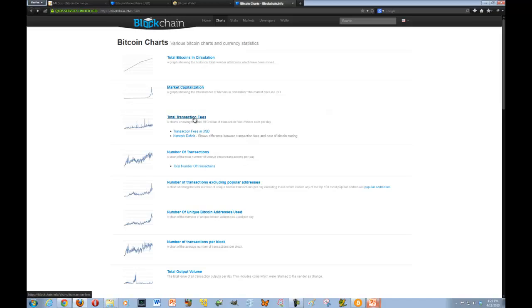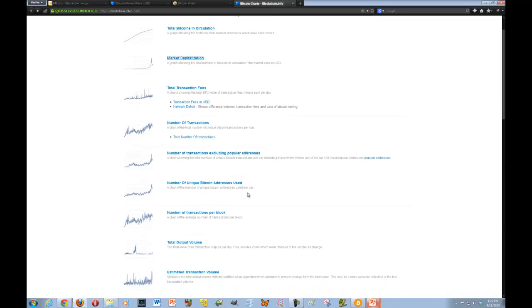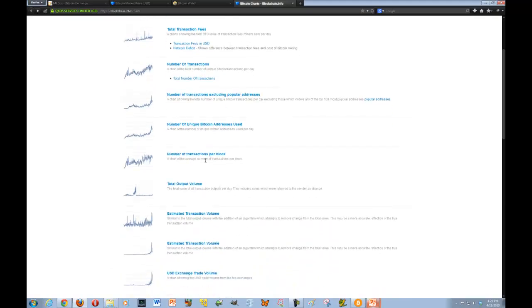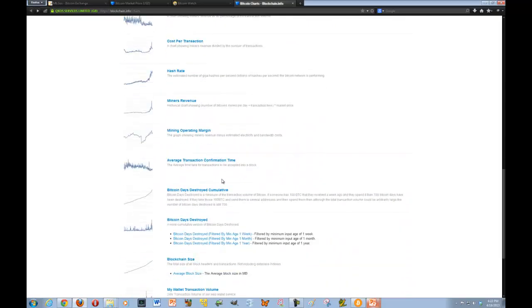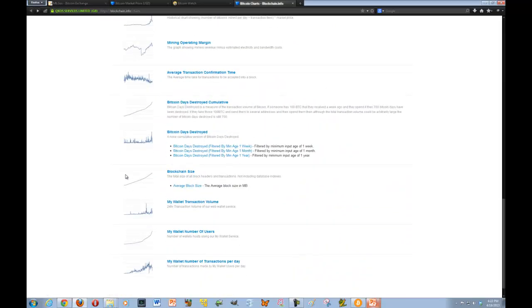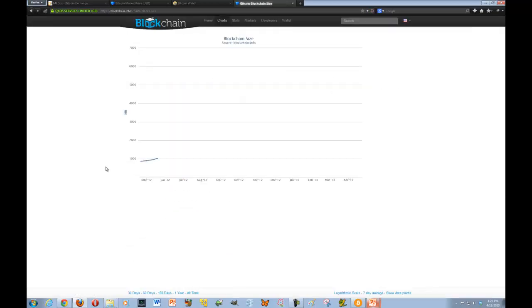You can take a look at the number of transactions, the number of unique Bitcoin addresses used, the number of transactions per block, output volume, estimated transaction volume, market price. There are really just limitless sets of data. Even that notorious Bitcoin days destroyed metric you can actually look at. You can look at the blockchain size.